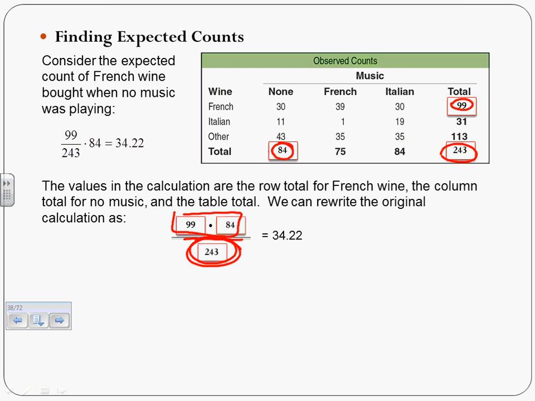So that's really the easiest way to find this expected count. So if I wanted to find the French, I would take column times row divided by overall. If I wanted to find it for this one right here, I would take 75 times 31 and divide by 243. So you just have to do that for each of those 9 cells to find your expected counts.